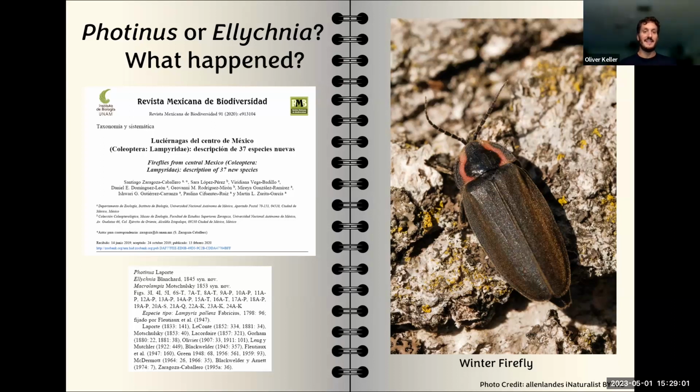I guess what's missing is a little bit of molecular data now to either confirm that or reverse the decision. But I know it's a little controversial with some people, and some people have decided not to use this in their publications, and they still refer to them as Ilichnia. I use Photinus for all of them for now until something else is published that shows that that's not the case. And right here where the arrow is pointing, that was the one line that synonymized them.